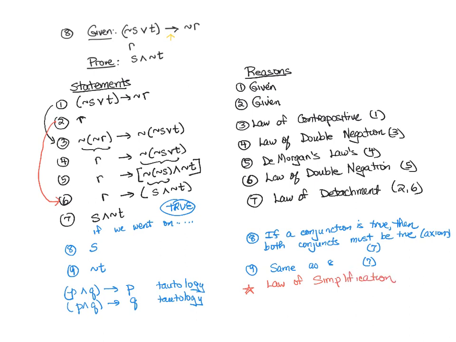And once in a while, we need it when we want to isolate one of the simple statements. We can always isolate the simple statement when we show that the conjunction of that simple statement with something else is true. So we could write P and Q is true, then P. P and Q is true, then Q. And the words are here for the law of simplification.